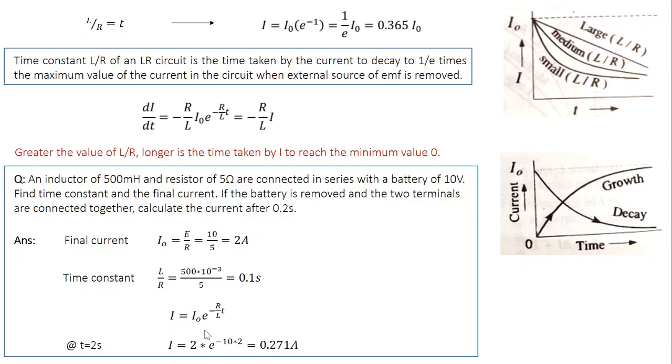So this is I equal to I naught, which is 2 ampere, into e to the power minus R/L. L/R is 0.1, so R/L equal to 10, into t equal to 2 seconds. So this is 0.271 ampere. The initial current was 2 ampere. After 2 seconds, it decays to 0.271 ampere.